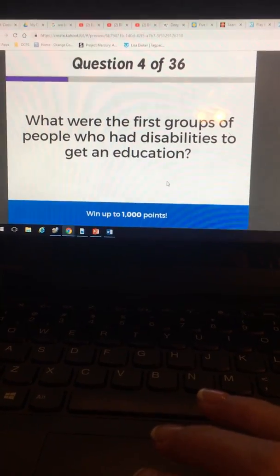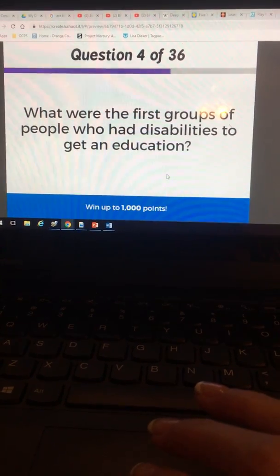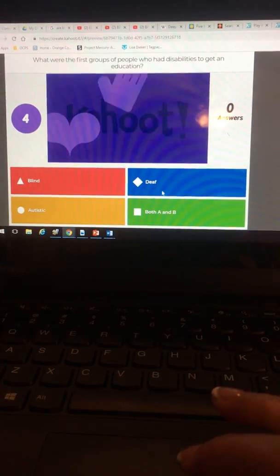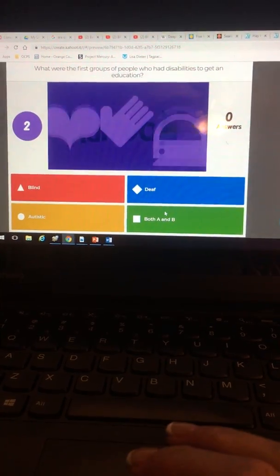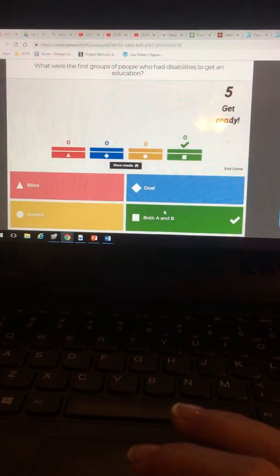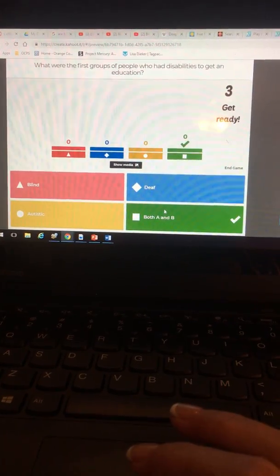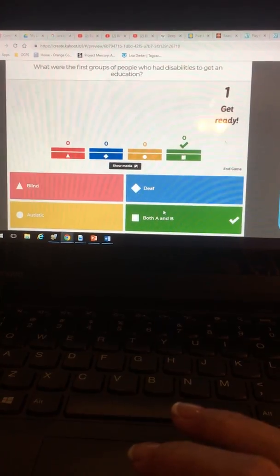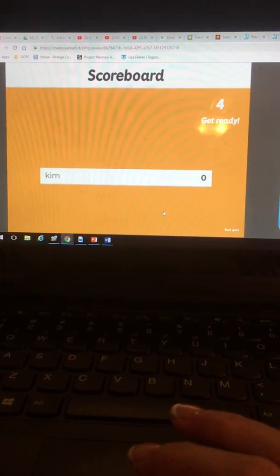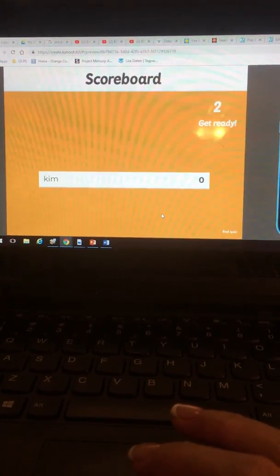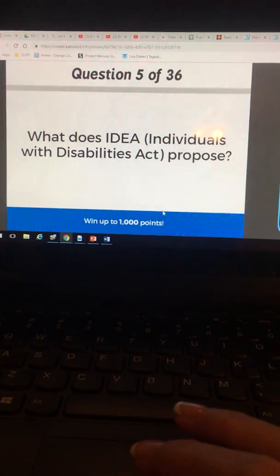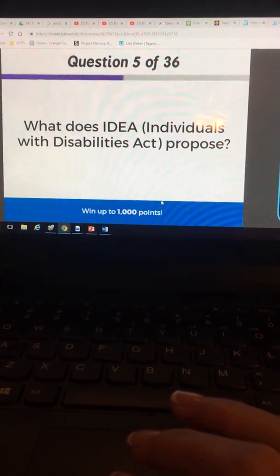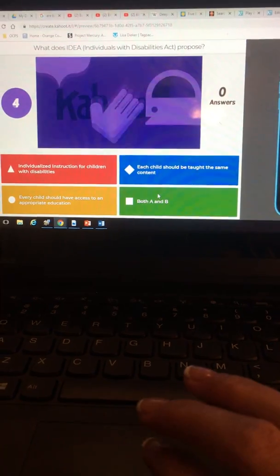What were the first groups of people who had disabilities to get an education? What does IDEA, Individuals with Disabilities Act, propose?